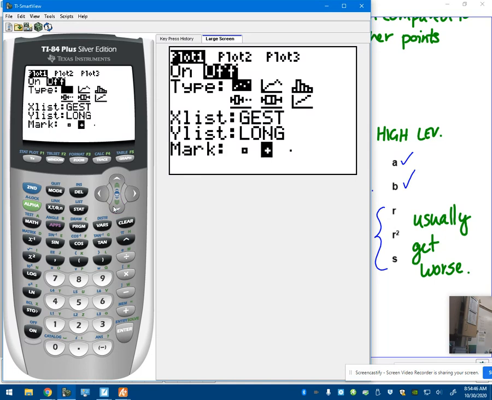Go to plot 1, turn it on. Come down here and you can just do second 1 to put L1 in there. And then down in the Y list, you can do second 2. Then go up above and hit zoom 9.